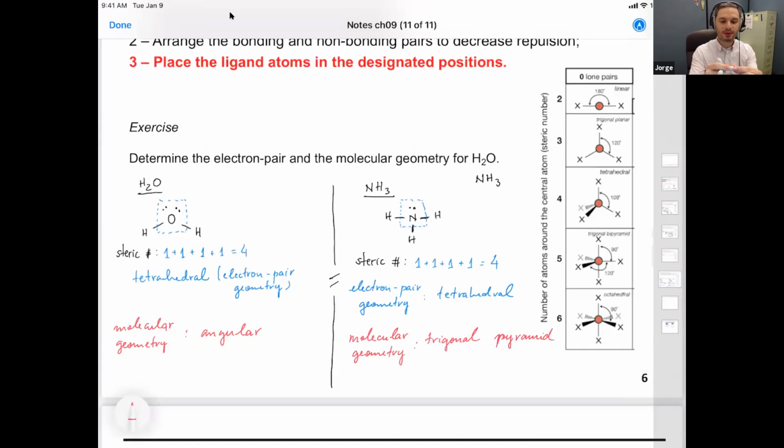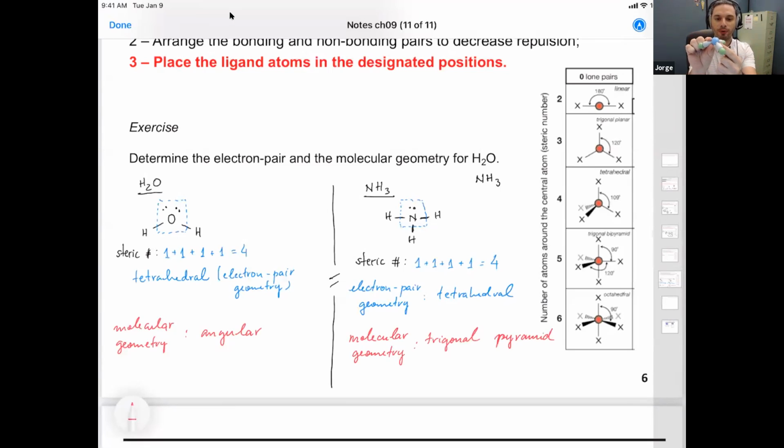That means only 3 positions from the 4 available have atoms, and we are going to ignore the lone pair for this geometry. So that's what we are going to have for the ammonia molecule.